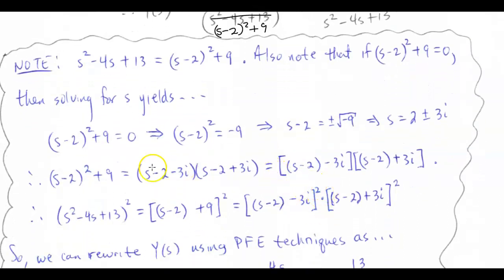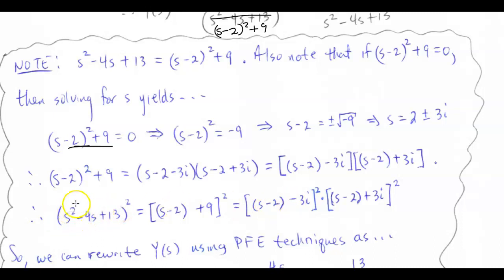So I'm doing all this to say (s minus 2) squared plus 9. I found out what the complex conjugate zeros are for this particular expression so that I can factor this down into linear factors, okay? And so you see that once I've done that, I'll have s minus 2, which is just a number because s could be a number.